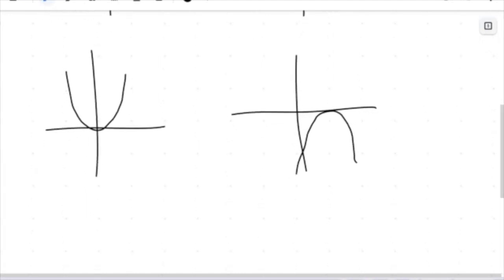These, if we count, they had only, that's not drawn very well. That's just meant to be one intercept here. Let's actually draw that once more. Okay, that's better. These guys only had one x-intercept.